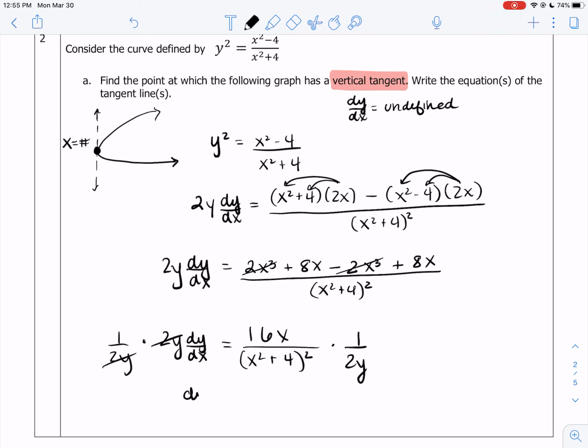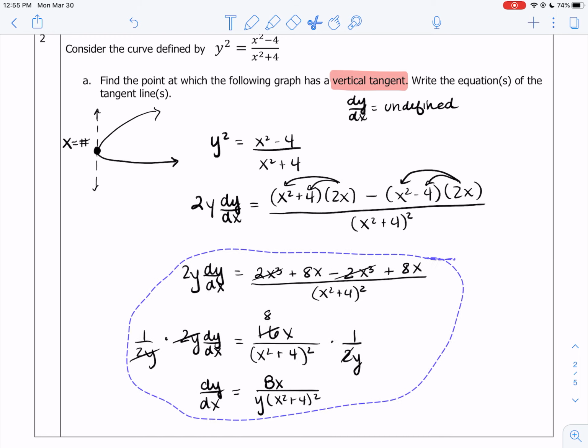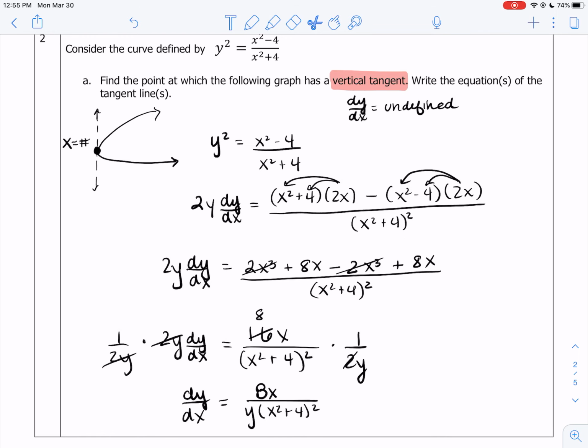And now you're left with dy dx is equal to 8x, just reducing the 16 and the 2, over y times x squared plus 4 squared. Just going to move these up so we have a little bit extra room here, okay? But we already have our first derivative.